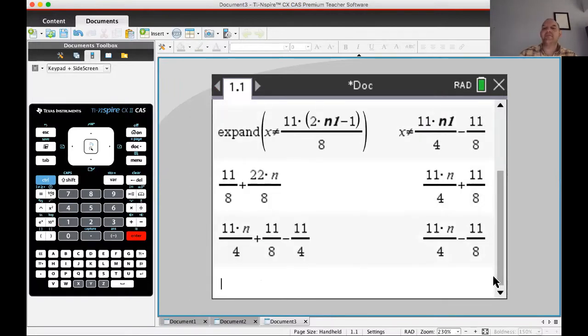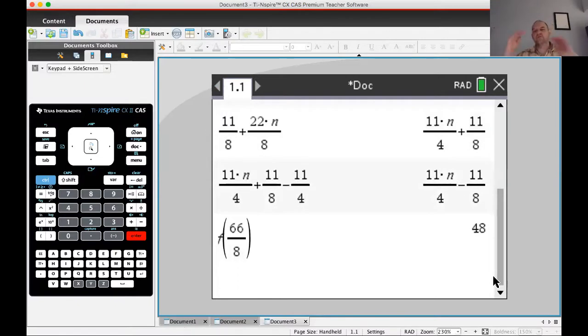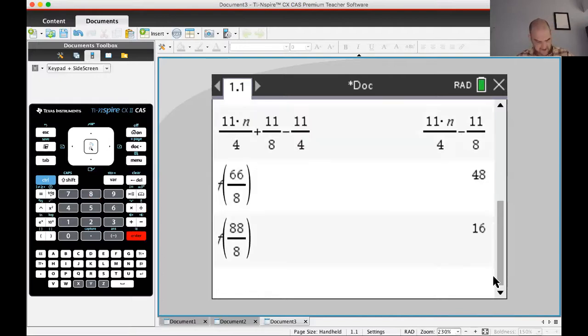Okay, so now I have matched what the calculator said. So it's looking good, we got that. Now looking at my graph, I know that f of 66 over 8 should be positive 48. And it is, which probably means we got it right. I can check f of 88 over 8. I'm just looking at the graph and finding points and plugging them in. I get 16, which is what I got on my graph. So things are looking pretty good for us.